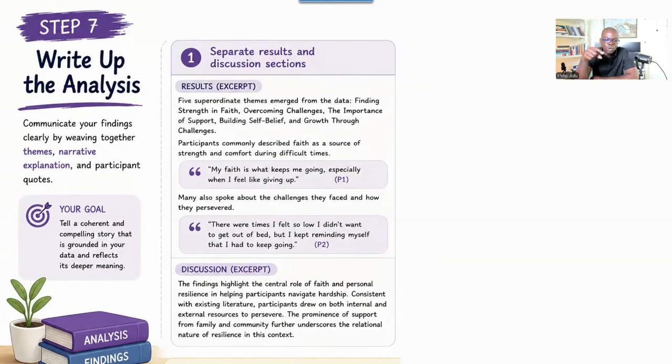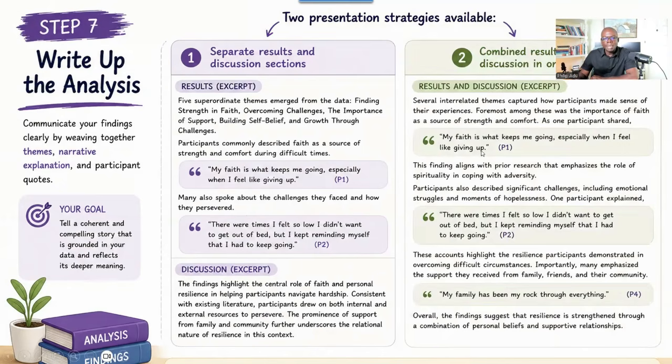Sometimes you can also talk about the sub-themes, if you want to. And then you can also quote 2 or 3 participants in support of the theme. As you can see here, participants P1 and P2 have been quoted in support of the theme. And then after presenting your findings, you go to the discussion and provide the interpretation of the findings.